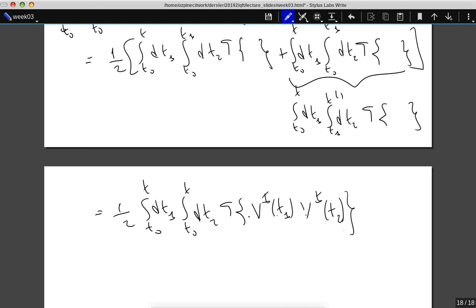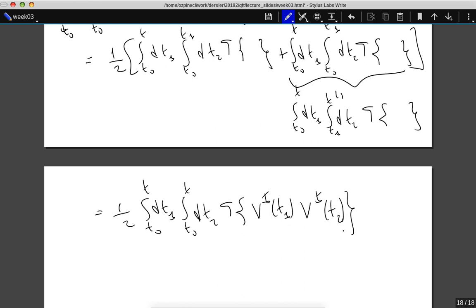Well, this time ordering product, I had defined how it acts on products of operators. I will just define it to be a linear operator also. So if I have the sum of operators, and I'm talking about the time ordered product of the sum, it will be just the sum of the time ordered products of each one of those terms.